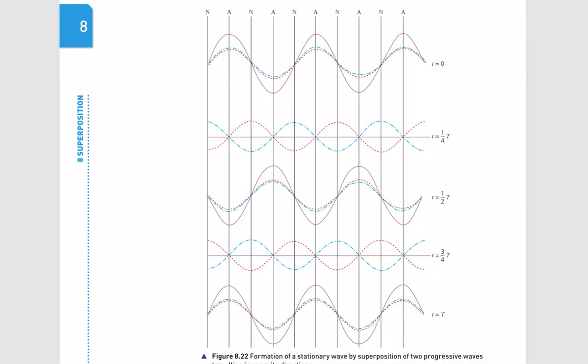The red line here is the stationary wave from the two waves here.